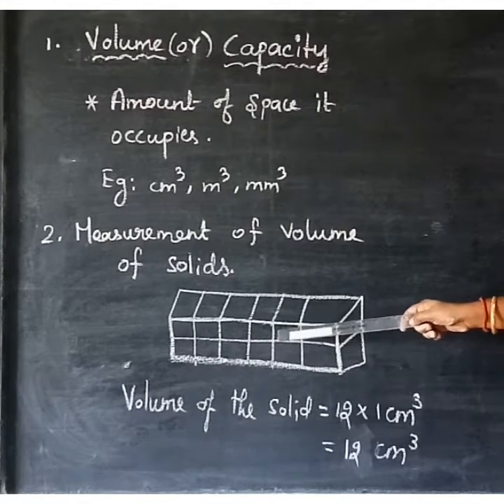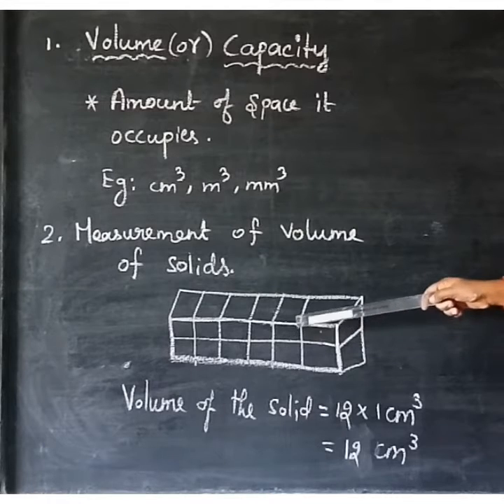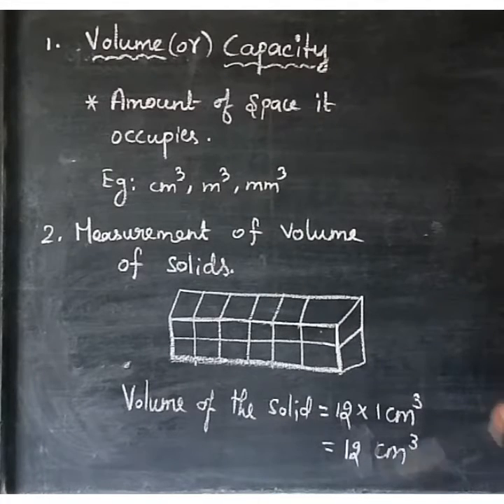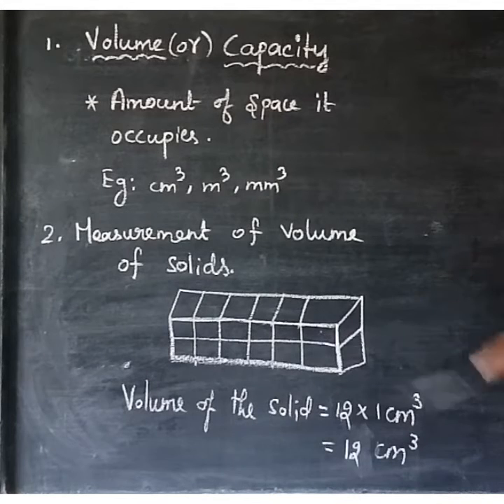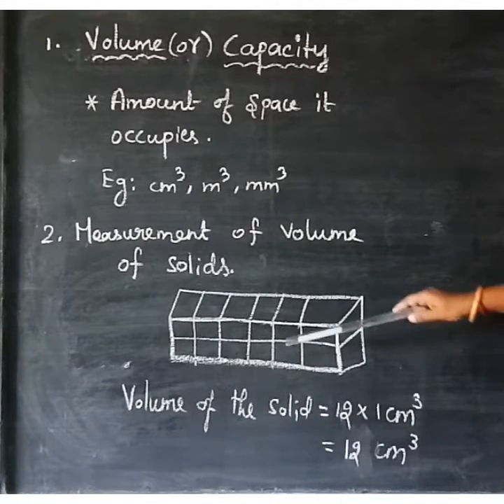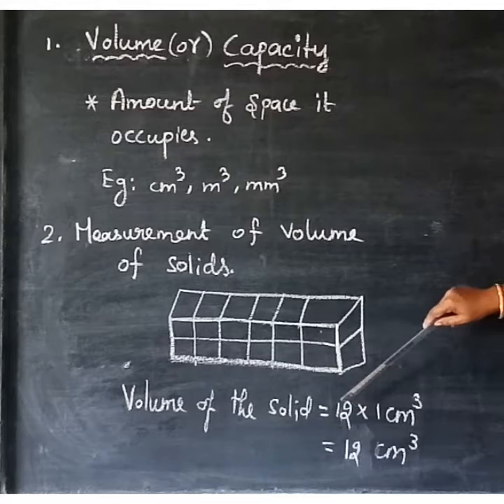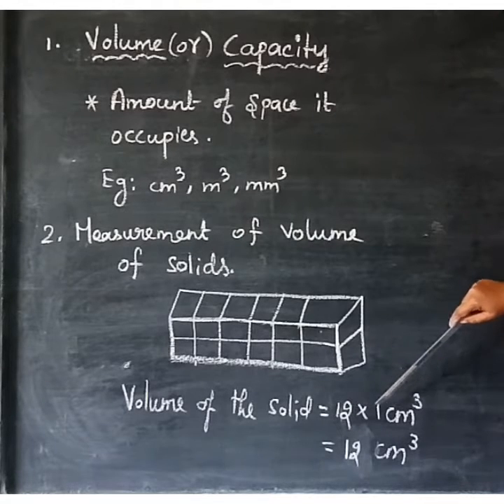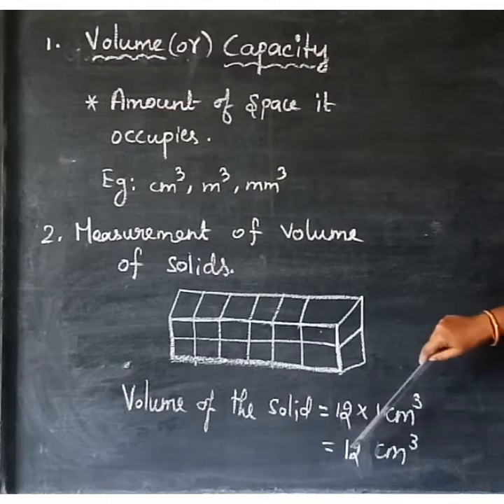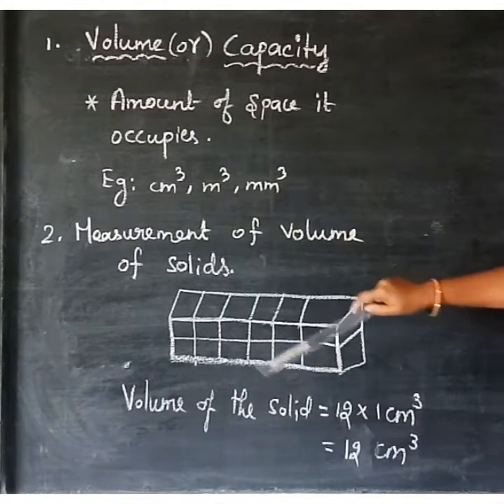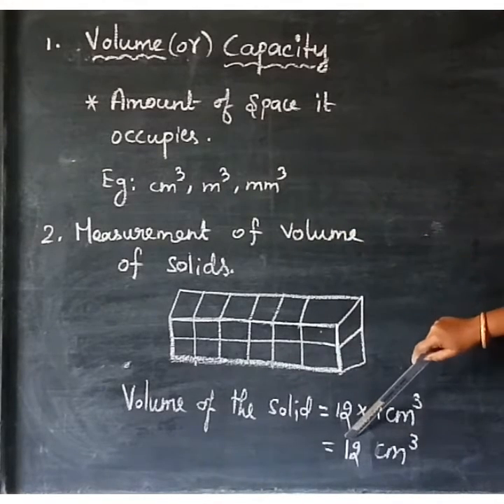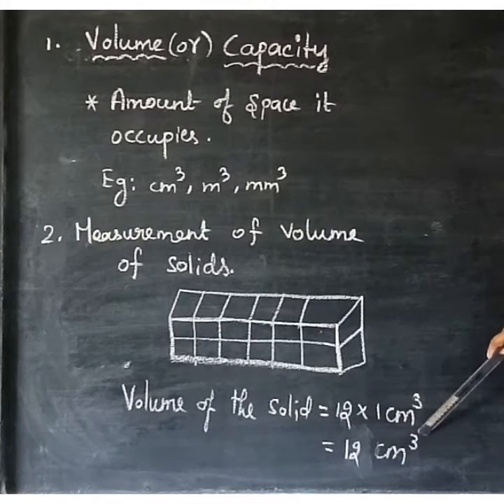Each cube has a value of 1 centimeter cube. So 12 into 1 centimeter cube equal to 12 centimeter cube. So the total volume of the solid is 12 centimeter cube.